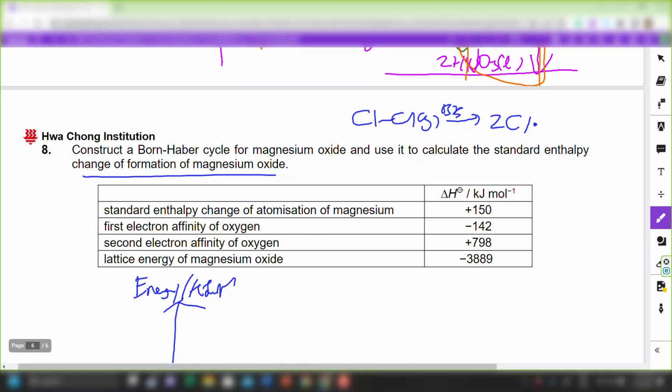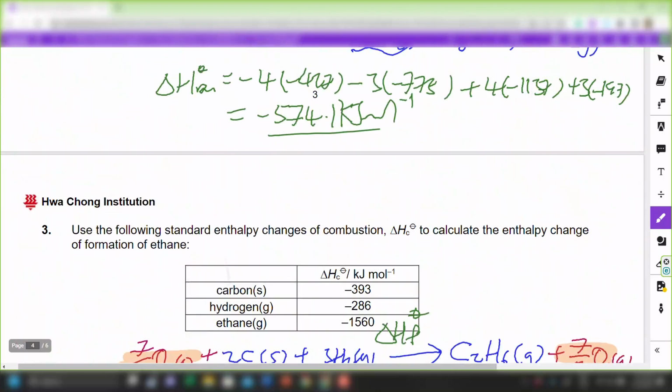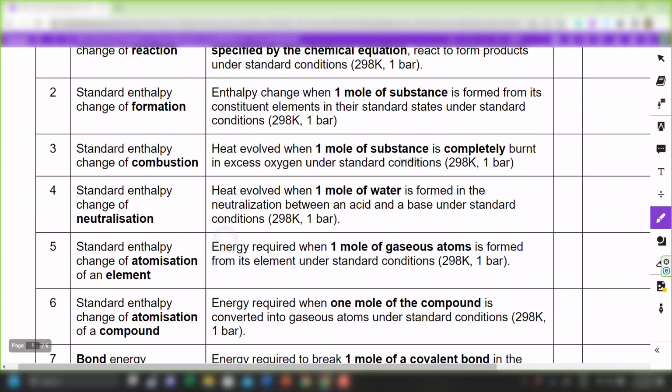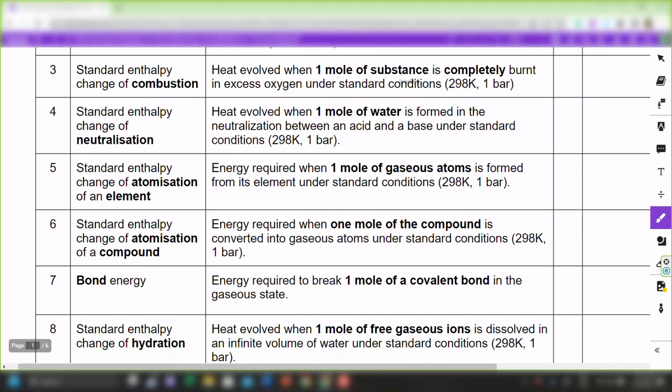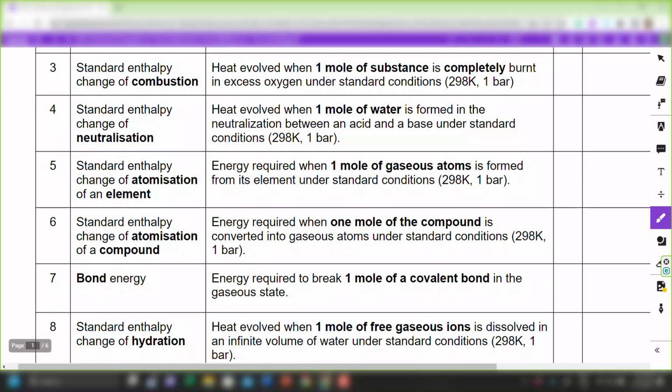Because enthalpy change of atomization, let me move up here to the definition page, is defined as the enthalpy change when 1 mole of gaseous atoms, in this case gaseous chlorine atoms, is formed when energy is applied to, in this case, because I am atomizing an element, the element itself.